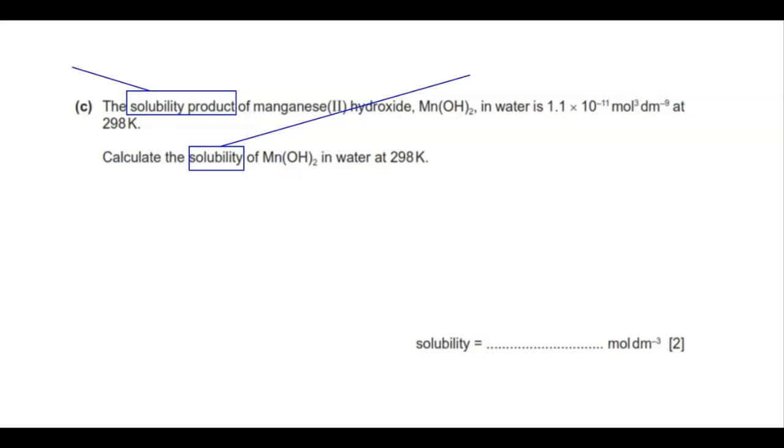Solubility is defined as the maximum amount of solute that can be dissolved in a solvent.